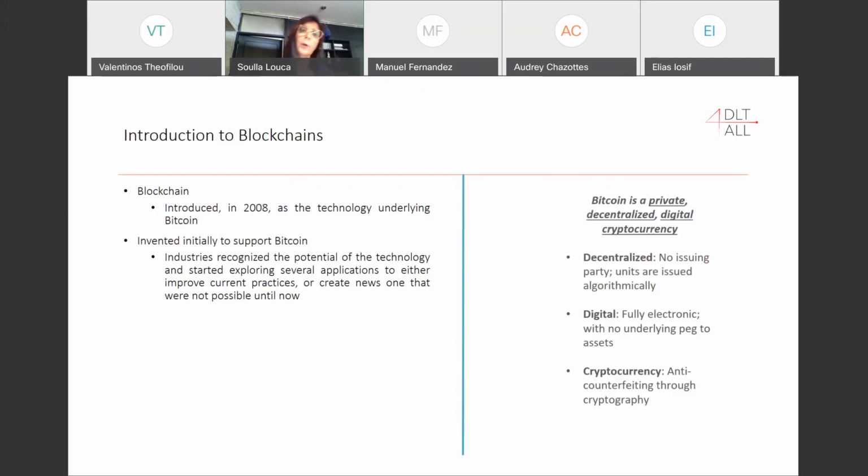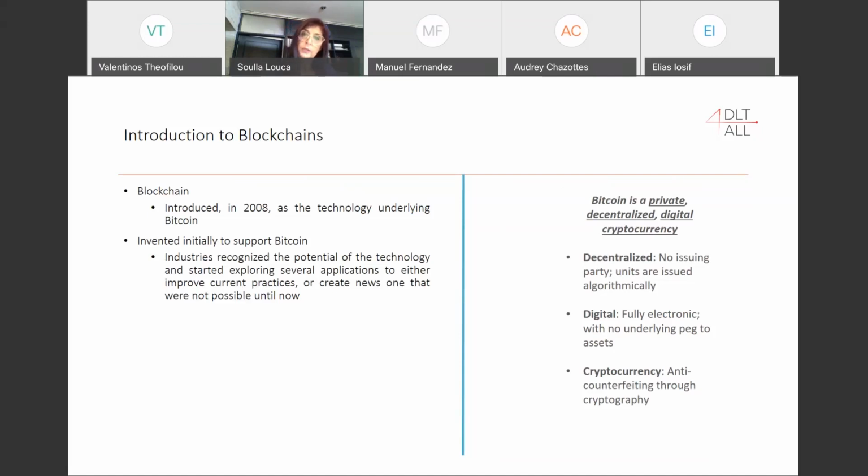When it comes to blockchain technologies, it is a relatively new technology. It was introduced back in 2008 as the technology underlying Bitcoin, the cryptocurrency. It was invented initially to support this cryptocurrency. So we can look at Bitcoin as the first application for blockchain technologies.